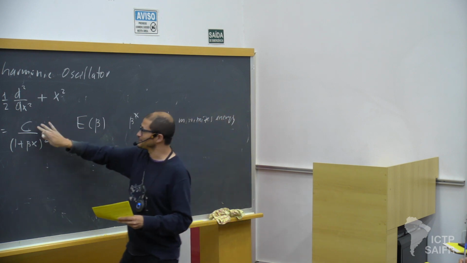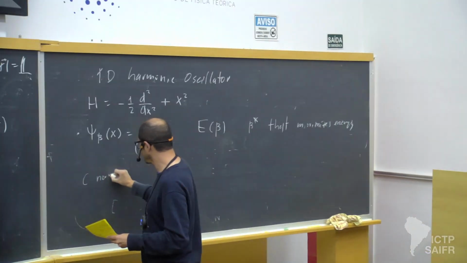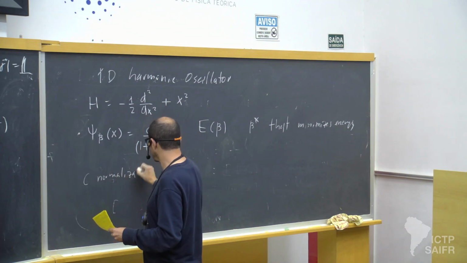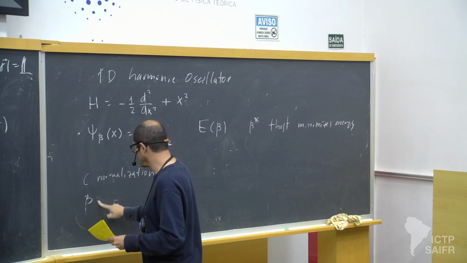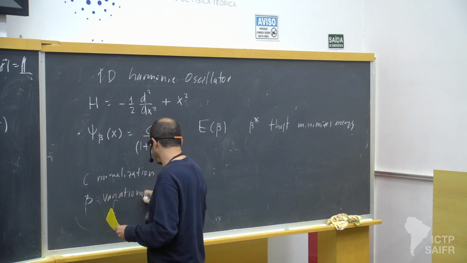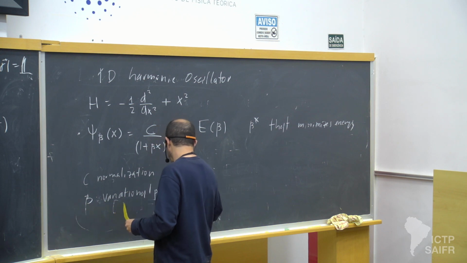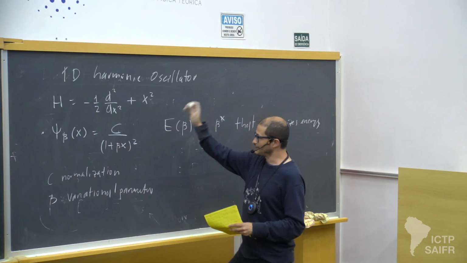C is a normalization constant, and beta is the variational parameter.